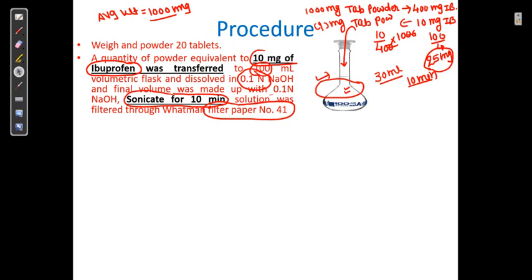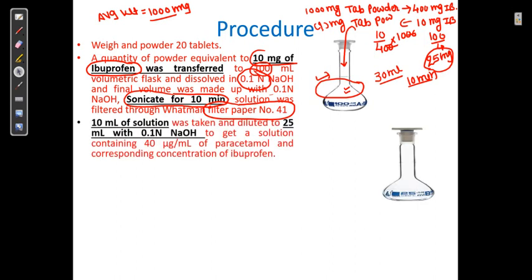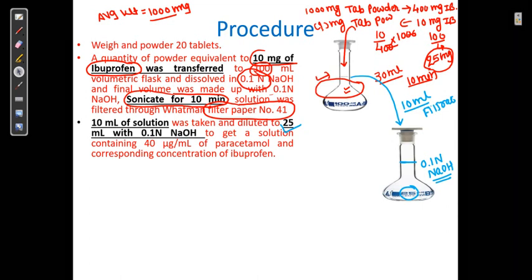After making up the volume, the second step is to transfer 10 ml of the filtrate into a 25 ml volumetric flask. Then make up the remaining 15 ml with 0.1 normal NaOH. Then you will get a paracetamol concentration of roughly 40 milligram.